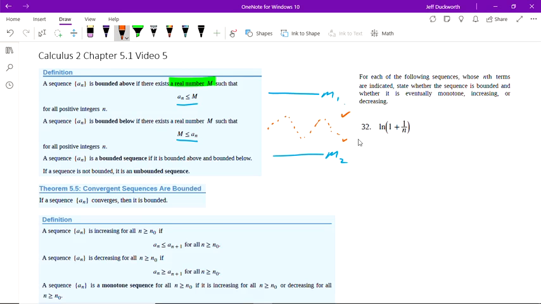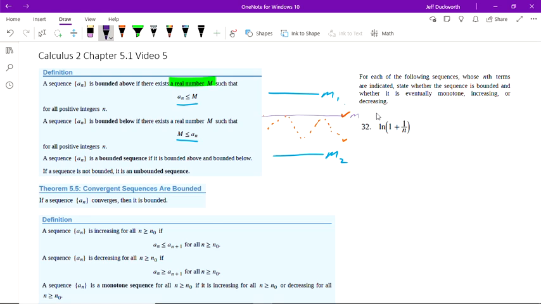At any rate, it appears to be bounded above by M1 and bounded below by M2, although we can figure out a number that's more in line with here. If it's bounded above by 100, it'll be bounded above by 200 as well. So as long as that value is always above every value in the sequence, then you've got no issue.